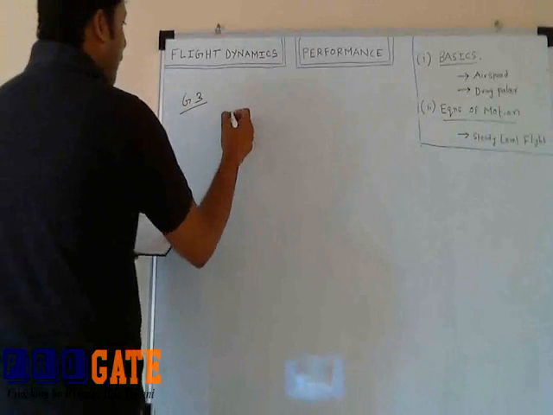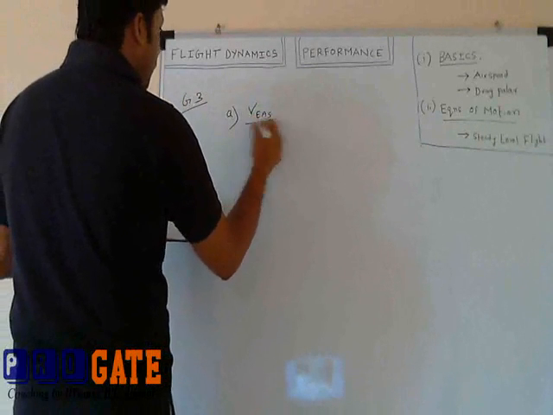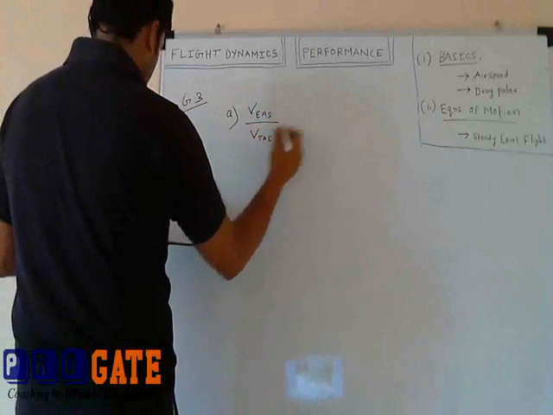Here they have given four options. It is V EAS, V TAS, sigma.